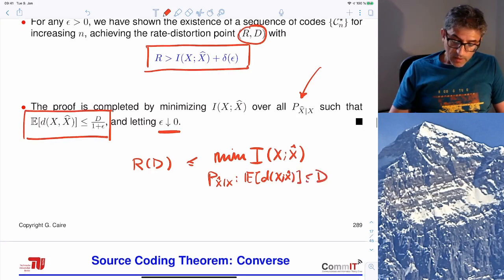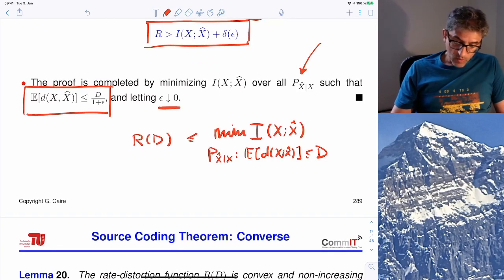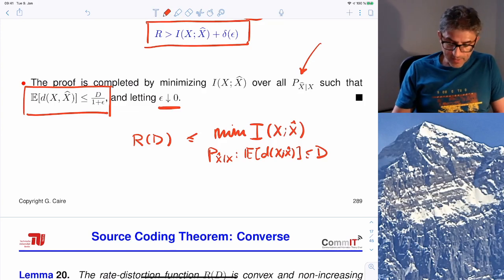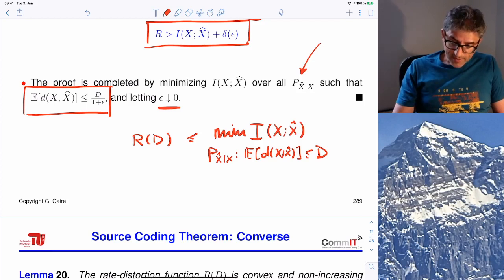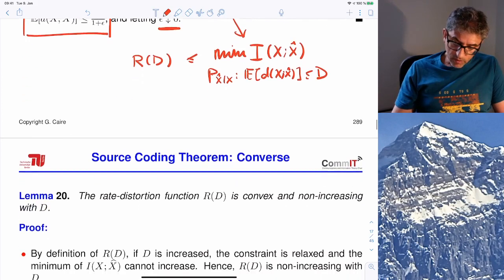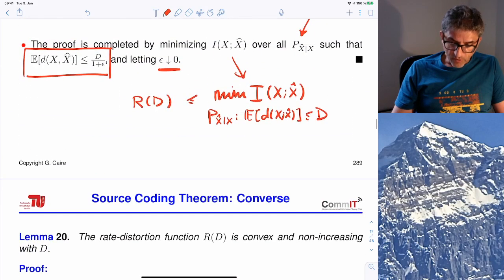Now, in order to show that this is in fact equal, we have to prove that you cannot do better than that. So we need a converse statement that says for rates less than this quantity, there are no codes achieving distortion D. As usual, the proof is done in a slightly different way.